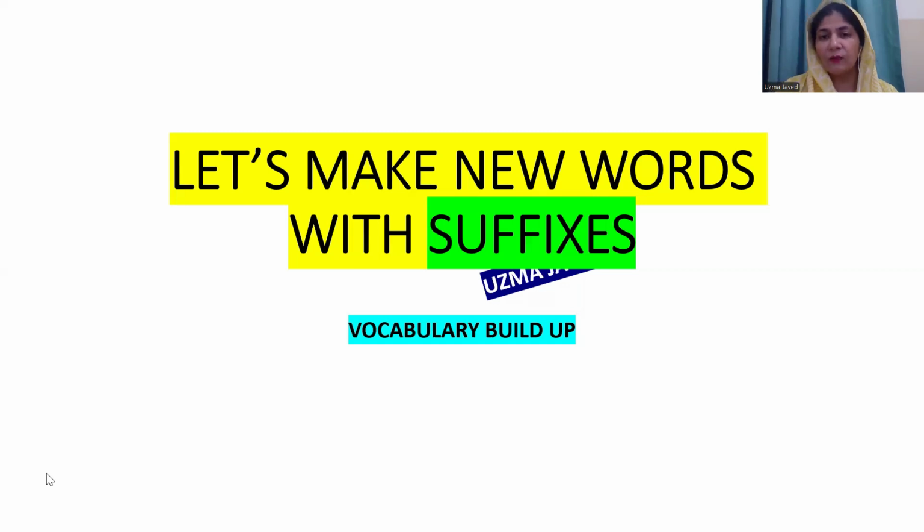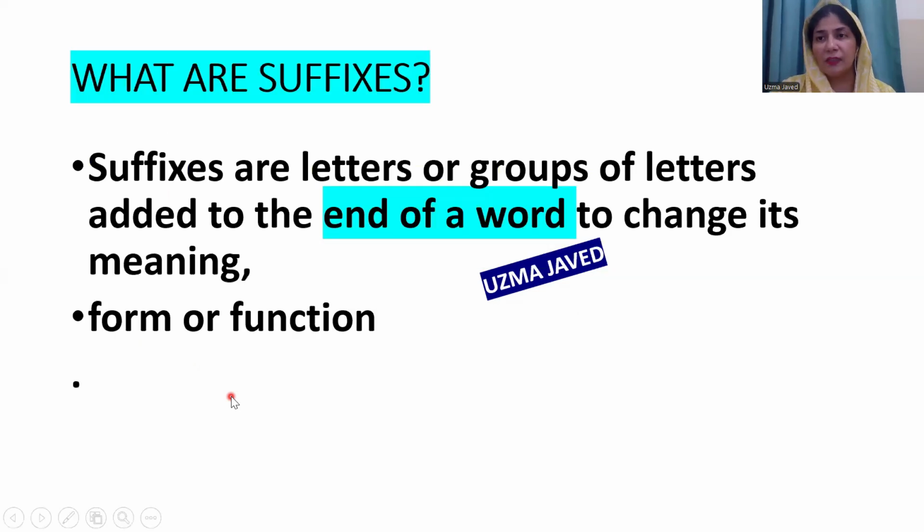So let's start with the suffixes of today's video, and we will first see what suffixes are. Suffixes are basically, my dear students, letters. Letters means A is a letter, B is a letter, or C is a letter. So suffixes are letters or groups of letters which are added to the end of a word in order to change its meaning or its form or its function.